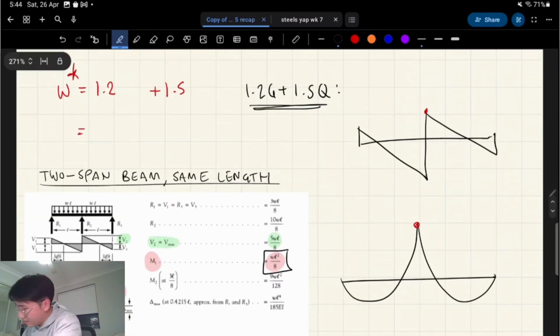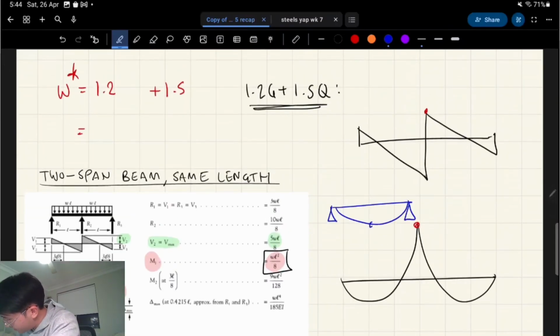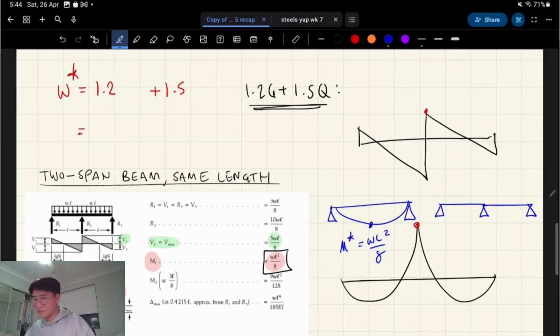So you know how I said a second ago that this here for a simply supported beam is WL squared on 8? If you had a continuous beam with 2 spans, what you'd expect to see for the bending moment is this.